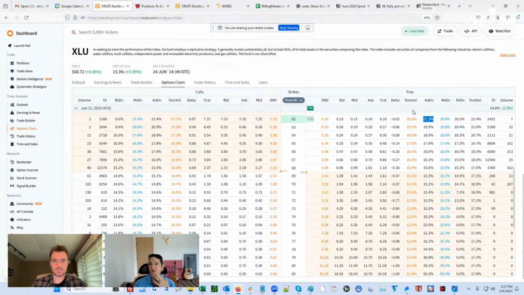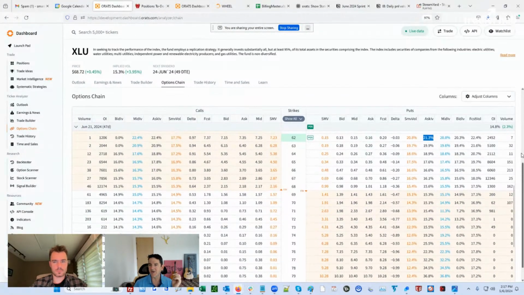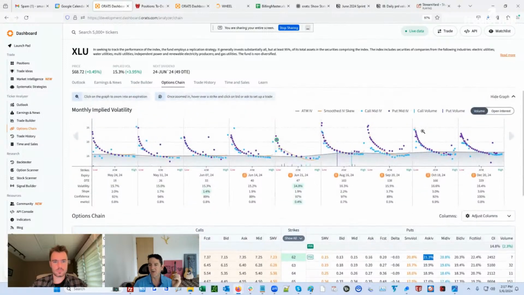Our SMV vol is a line that we draw through it, and it's right on to the 10th of a percent here. And you can see how this line kind of mimics the skew that we have here. That green circle is the option that we're long right there.